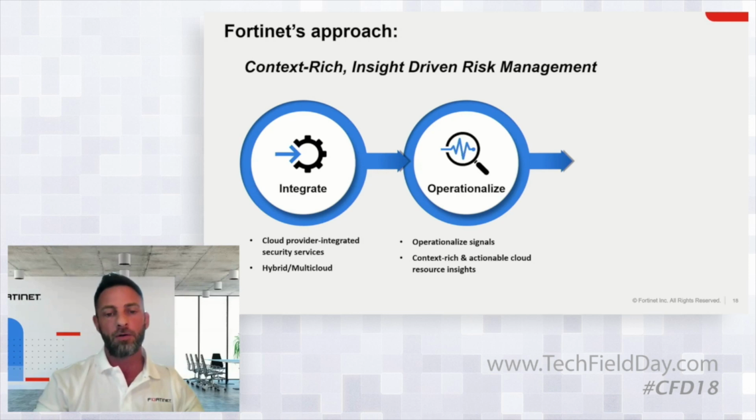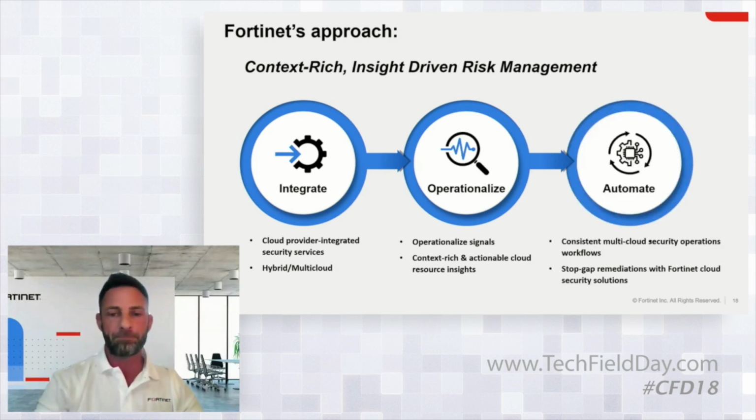We work with those partners, and we can integrate with them natively. We want to operationalize data and signal. So most data and signal coming out of security operators is completely useless. We want to change that paradigm, and we do change that paradigm. And then finally, we're going to automate as much as possible. We want to scale the human resources that you have in an organization, and deliver positive outcomes for the goals that you've set for your organization for cloud.